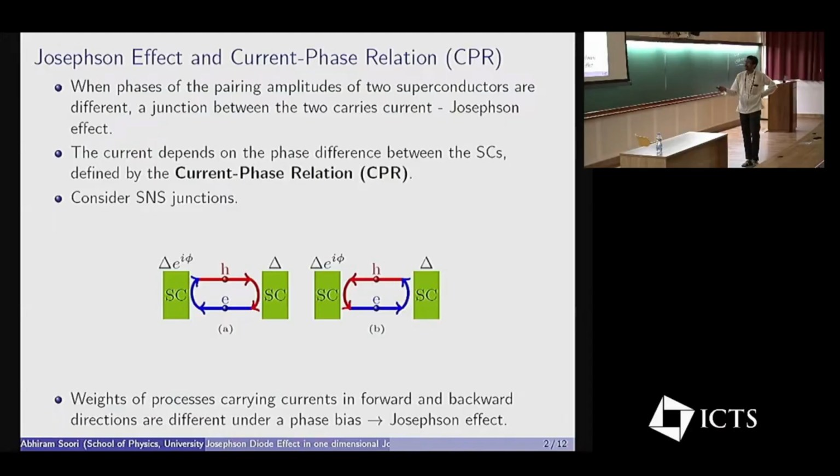And there is another set of processes, with the electron moving to the right and the hole moving to the left. These two processes carry current in the forward direction. When there is a superconducting phase bias, one of these processes has a higher probability weight compared to the other. That is why there is a net Josephson current that is carried.